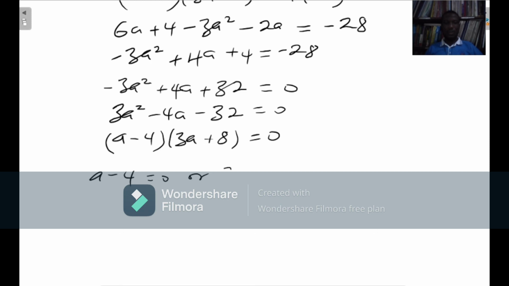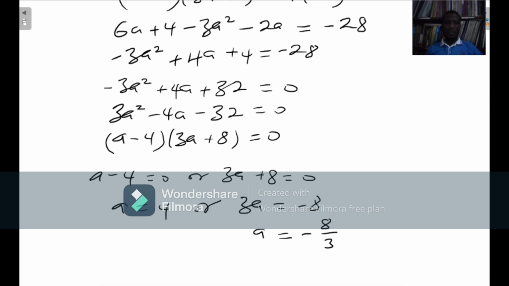So for the product of these two to give us 0, either a minus 4 equals 0 or 3a plus 8 equals 0. That means our a will be equal to 4 or 3a will be equal to -8. And our a, dividing through by 3, will give us -8 over 3.